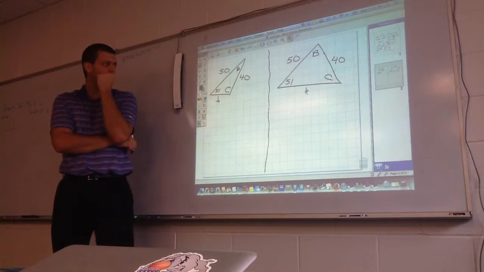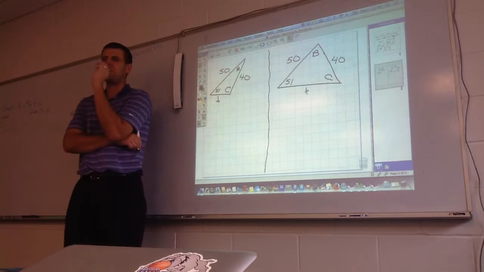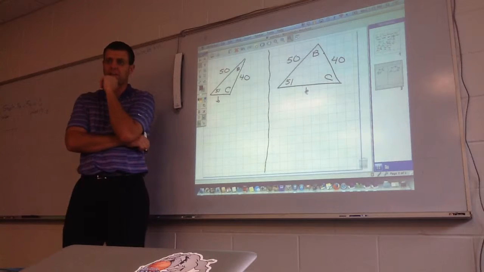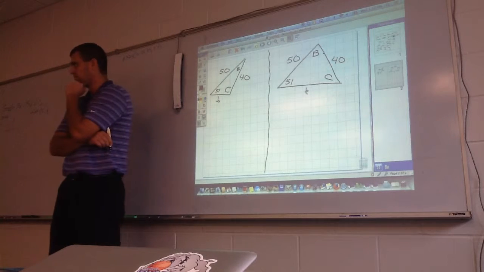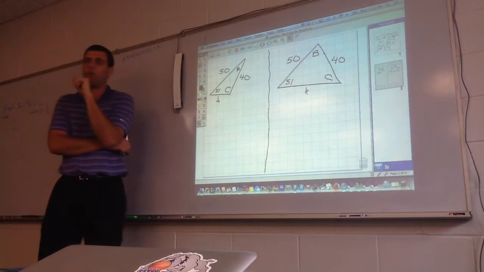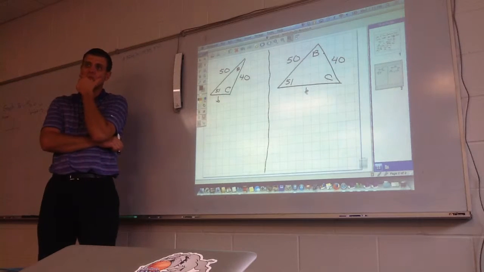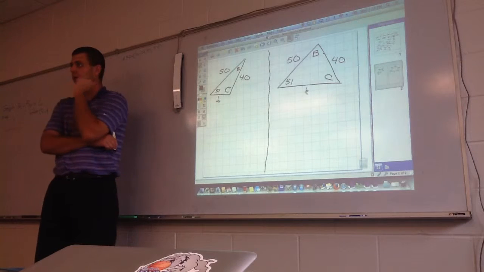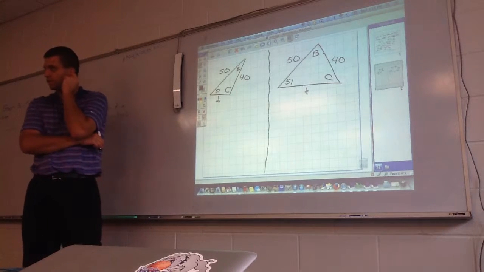Pretty tough to solve for any of the B's, the side B or the angle B right now, because you don't know either one of them. So what will you have to solve for first? Yeah, angle C. You're going to have to solve for angle C first.